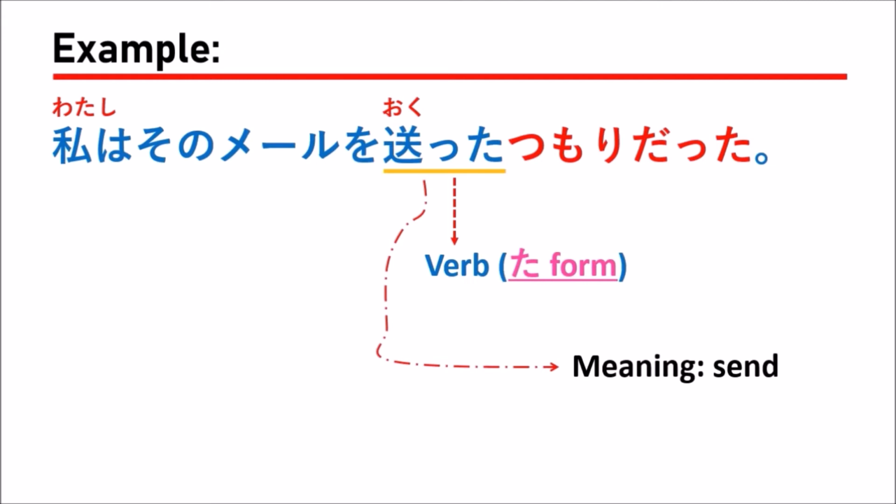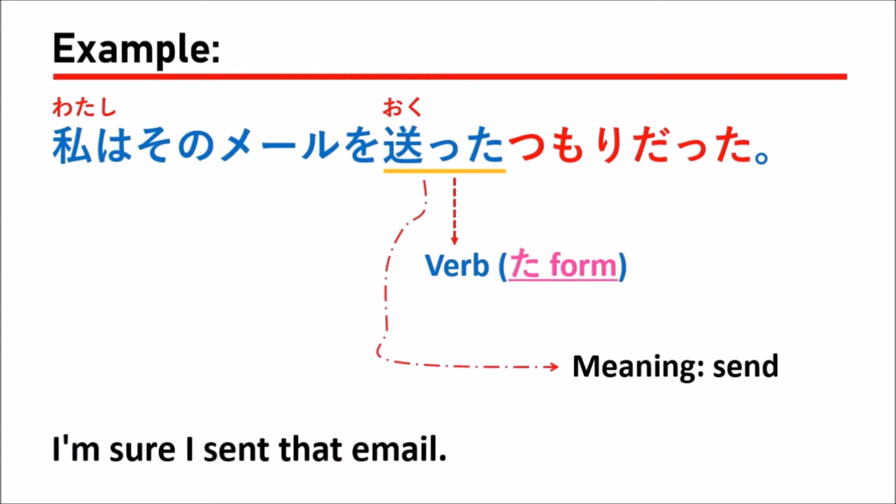When you use the grammar of tsumoridatta, that means you already sent the email to another person, but maybe he or she had not confirmed it yet, so they ask you back. And you can say okutta tsumoridatta as you see in the case like this. Even if you translate it to the full sentence, you can say, I'm sure I sent that email.